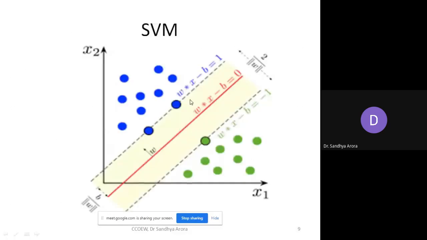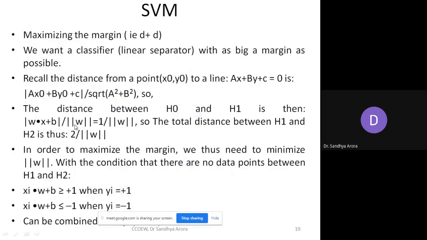So what is the parameter of x here? It is w. So the square root of w square is w only, and the value of wx plus b is 1. So the distance of h0 to h1 is 1 upon w, and the distance of the negative point to h0 will again be 1 upon w. So 1 upon w added with 1 upon w, the total distance will be 2 upon w.